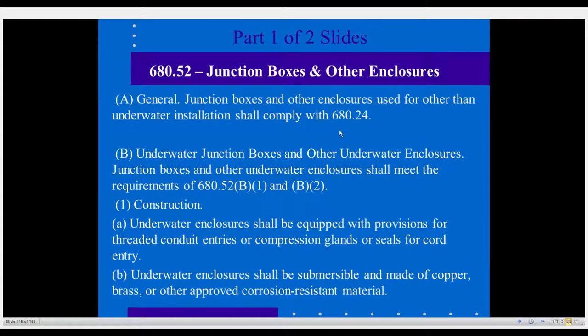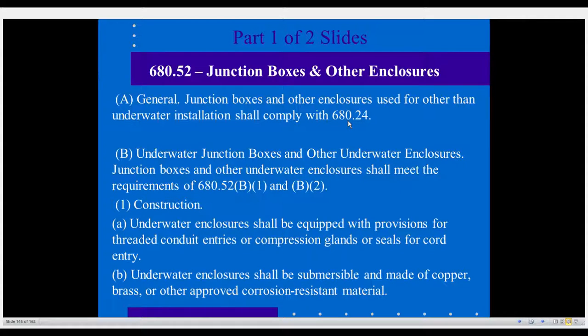So we've got requirements in 680.24 for junction boxes, and we have to meet those requirements. Now, we've already discussed most of the 680.24. We discussed that back in part 2, and we went into extensive detail, so I encourage you to go back and watch part 2.